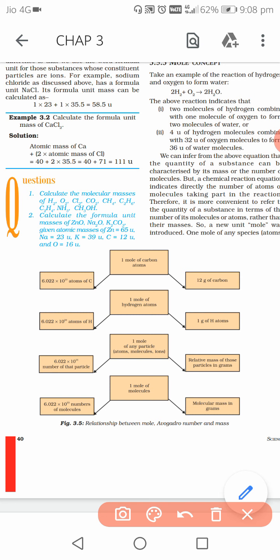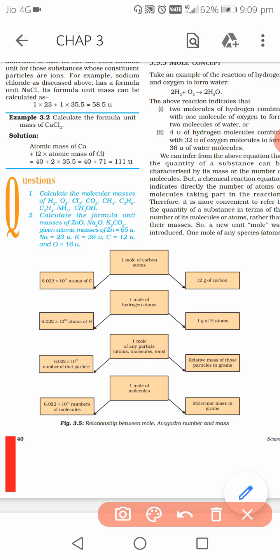Next one, number 2. See here, the difference between these two questions is that here you are asked to find out the molecular mass, and here you are asked to find the formula unit mass. I already told you that basically molecular mass and formula unit mass have no vast difference.